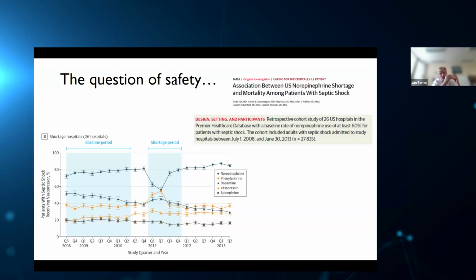I've told you we will talk about safety quite a lot. That's a lovely article coming from the United States. There was a period of shortage in norepinephrine, so the doctors had to use some other substances. You see nicely that there is a drop in the amount of patients exposed to norepinephrine.